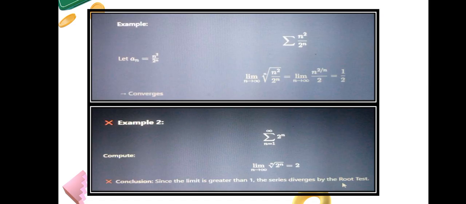Example: summation of n squared over 2 raised to n. So let a sub n equal n squared over 2 raised to n. Using the formula, limit as n approaches infinity of the nth root of n squared over 2 raised to n equals the limit of n squared divided by n over 2, so it is 1/2.